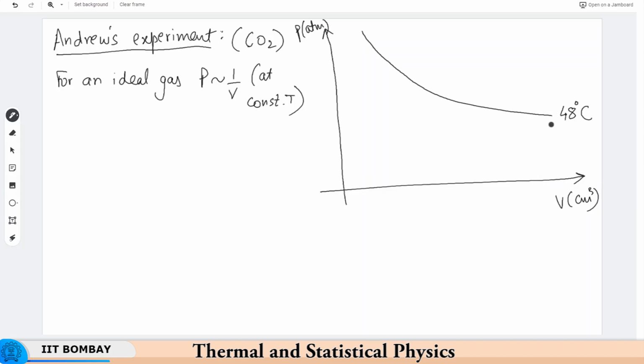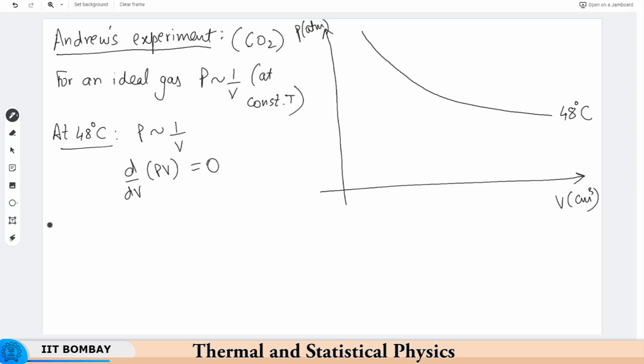But as he kept on decreasing the temperature, at 48 degrees the pressure scaling inversely with volume remained valid, or you can see that d by dV of the quantity PV was 0 for all P and V values, at 48 degrees Celsius.